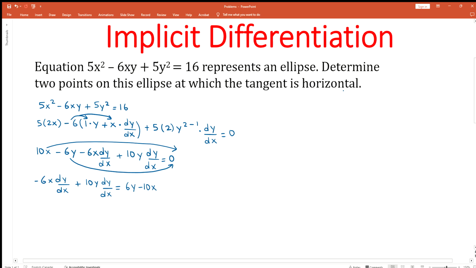Next, we can factor out dy over dx from both terms on the left side. Next, we can divide both sides by negative 6x plus 10y to isolate dy over dx on the left side.